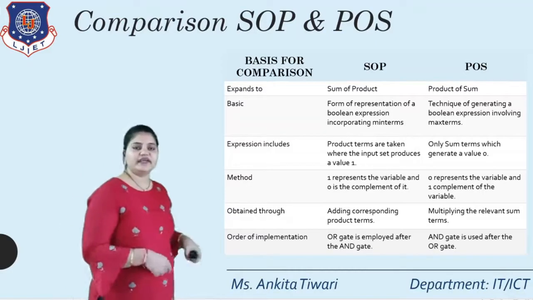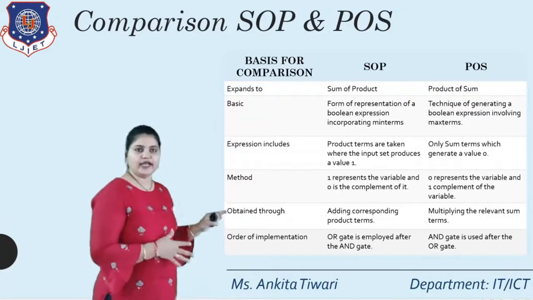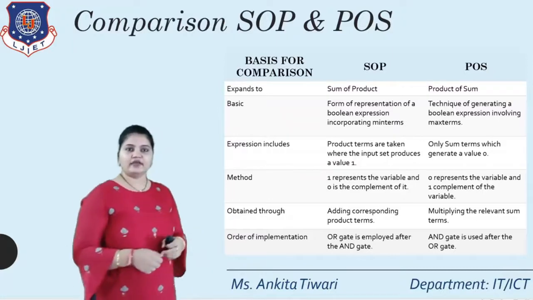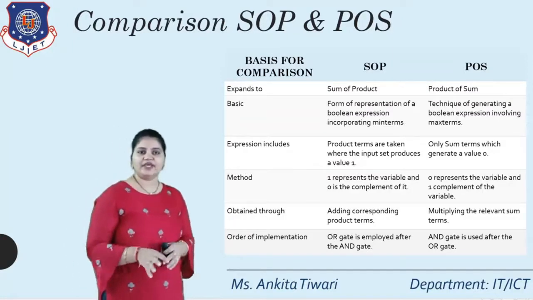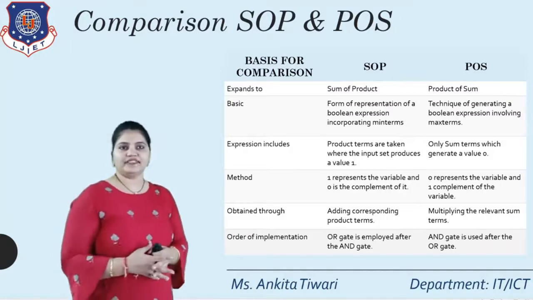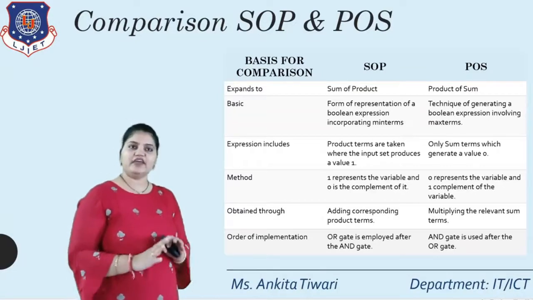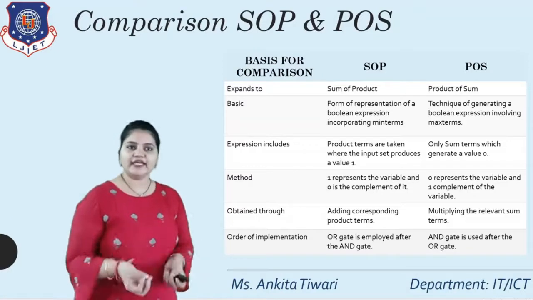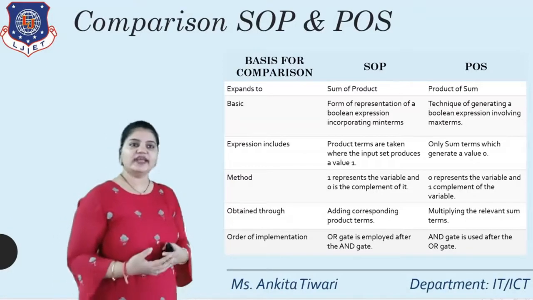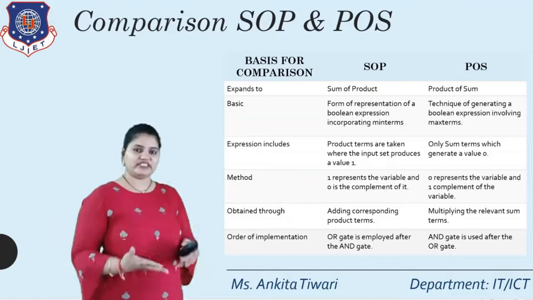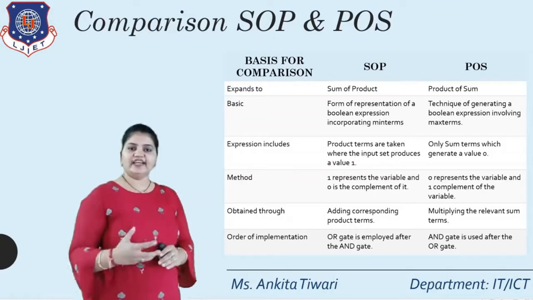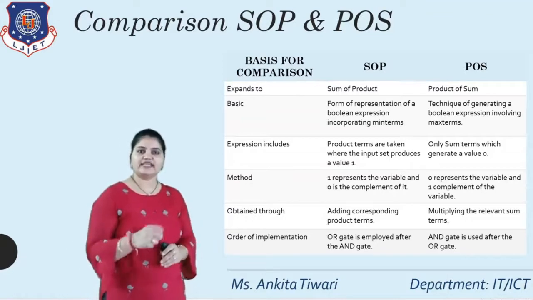So that is represented here with the help of a flowchart. As you can see here, the basic thing in SOP is the form of representation of a Boolean expression where min terms are defined. The same thing if I am comparing with POS, it is a technique of generating a Boolean expression involving max terms, opposite.